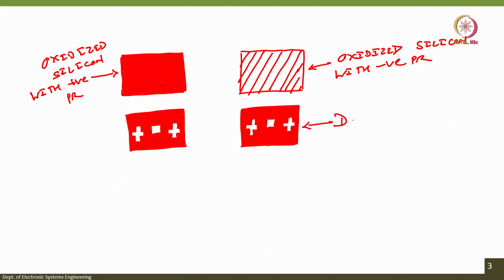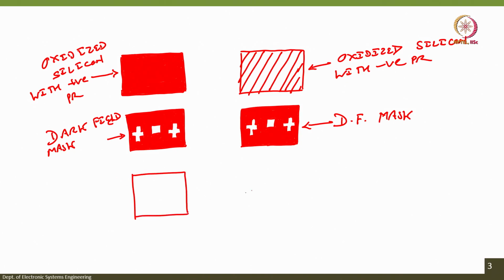What are these? Dark field mask, and I have my final wafer. Now, what will happen if I have a dark field mask?